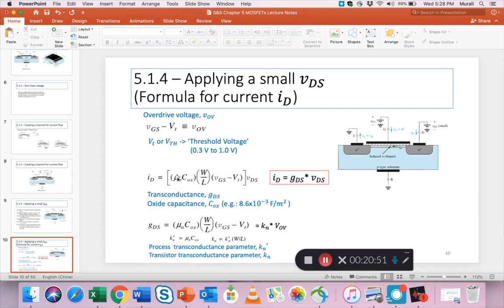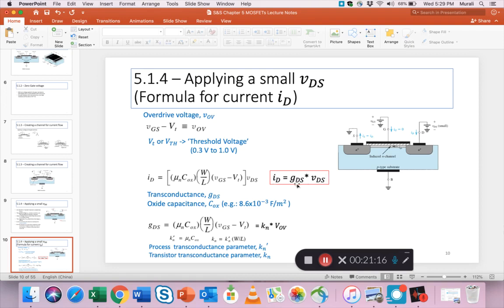So the current depends on all these. These are pretty much constant, and even VT is a constant. VGS and VDS are the only two variables, so we can write ID equals a certain constant times VDS. This constant still depends a little bit on VGS, but this is easier to understand.